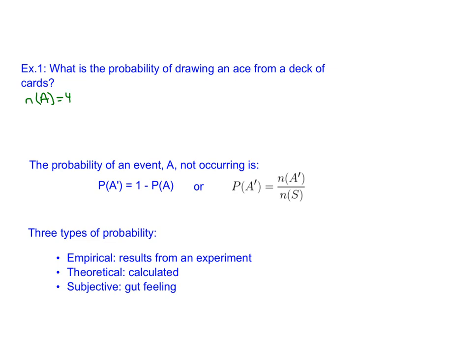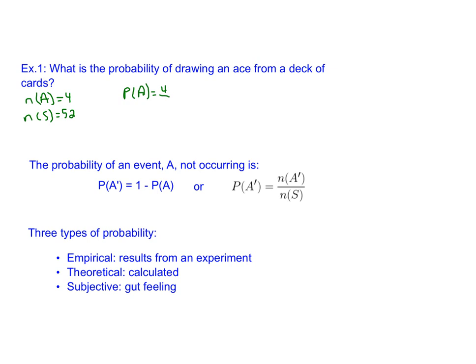The total number of outcomes is equal to 52, since there are 52 cards in a deck. So the probability of getting an ace, we might write that in here just as a reminder, or we can just leave it like this, is equal to 4 out of 52.